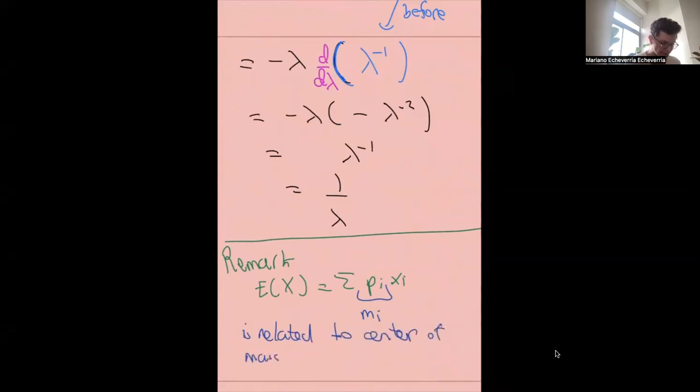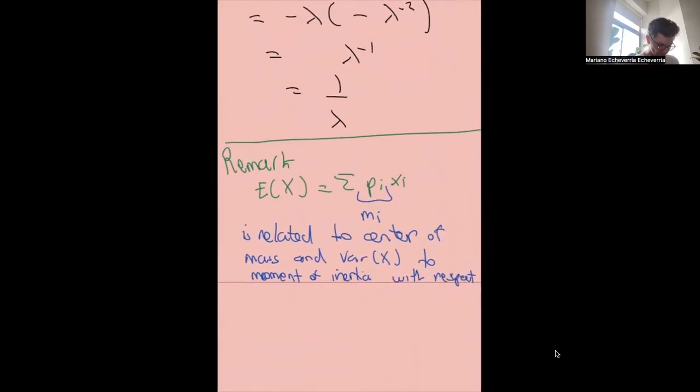And then the variance would be related to the moment of inertia, or like the second moment, with respect to the center of mass. Again, they're not that different.